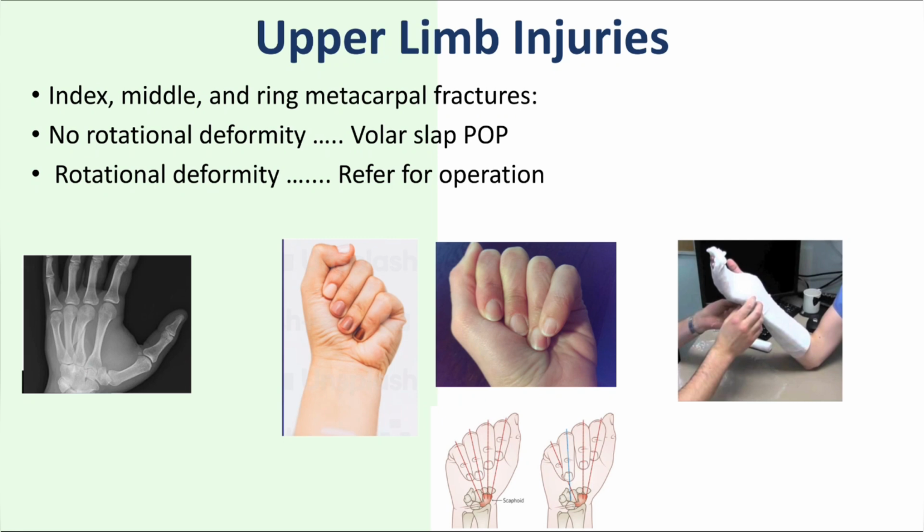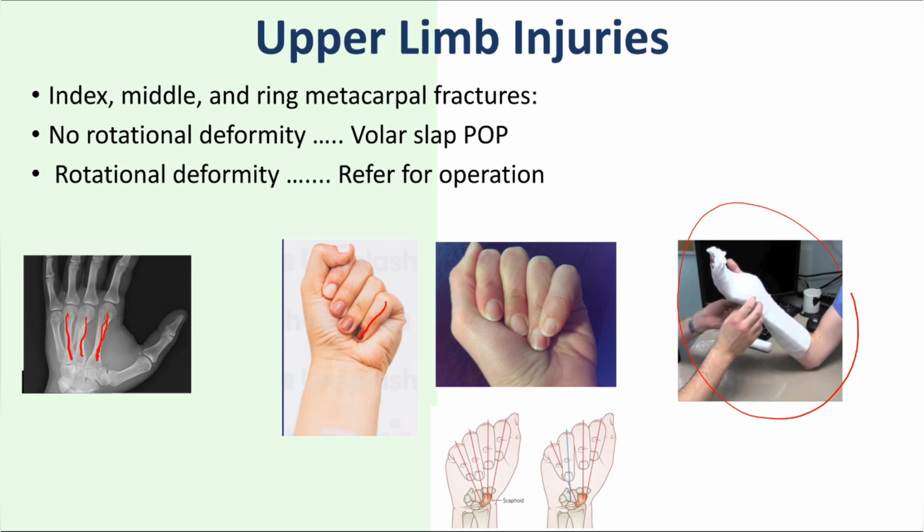Coming to metacarpal fracture. So these are metacarpals. We have ring, middle, and index metacarpals. If they have no rotational deformity, just put them in the volar slab POP. What is rotational deformity? Ask the patient to make a fist.